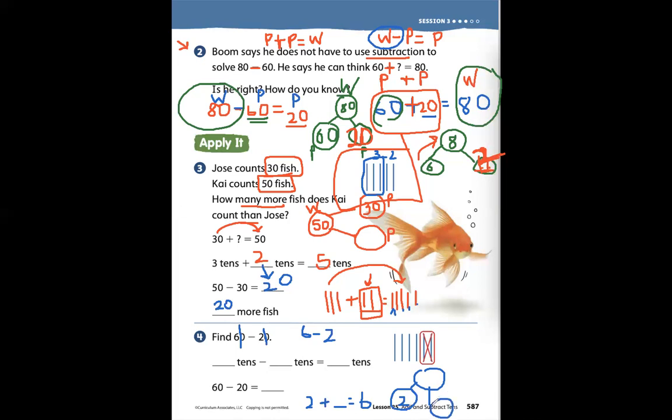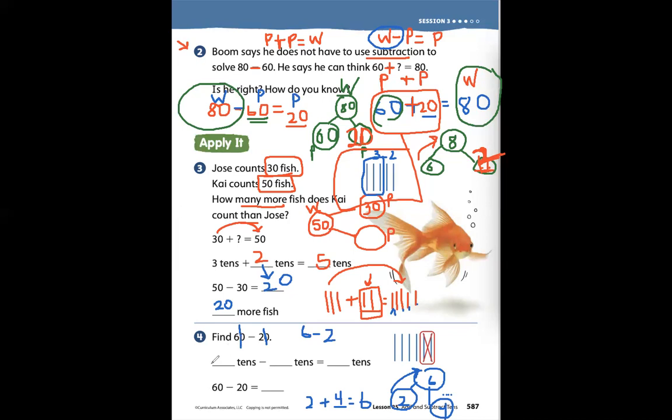Blank is the missing part, and 6 is the whole. So you can count on from the part you know up to the whole, right? 2, 3, 4, 5, 6. So 2 plus 4 equals 6. So 2 tens plus 4 tens is 6 tens.